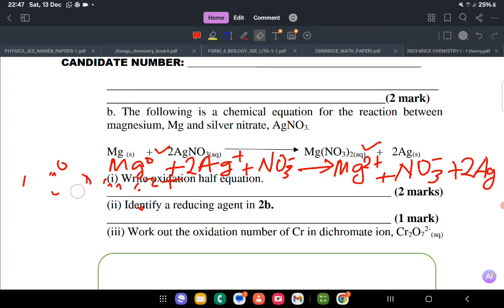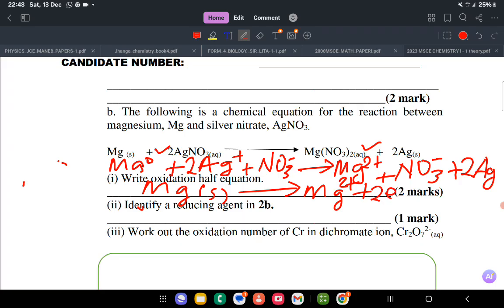Therefore, the half equation is going to be Mg solid turning to Mg2+ plus 2 electrons. That's the oxidation half equation. In this case, it is magnesium metal which has been oxidized.